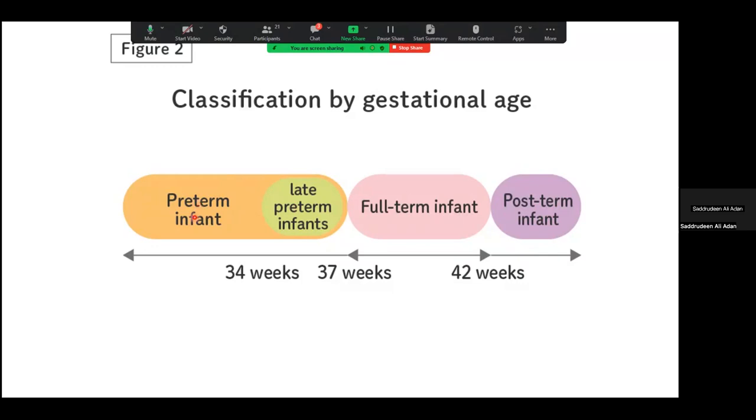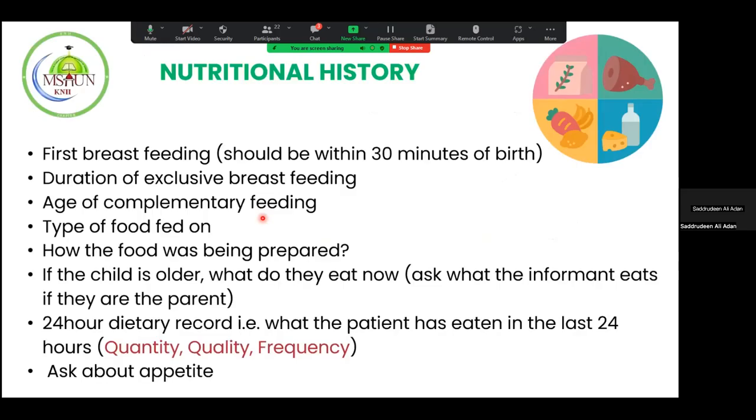The body is not yet fully developed: the respiratory system is not fully developed, and in the cardiovascular system the PDA is very open. That's why we avoid labor. We give the mother drugs if she shows signs of labor in this period, to avoid the baby coming out preterm. Ideally, a normal baby is born between 37 and 40 weeks.